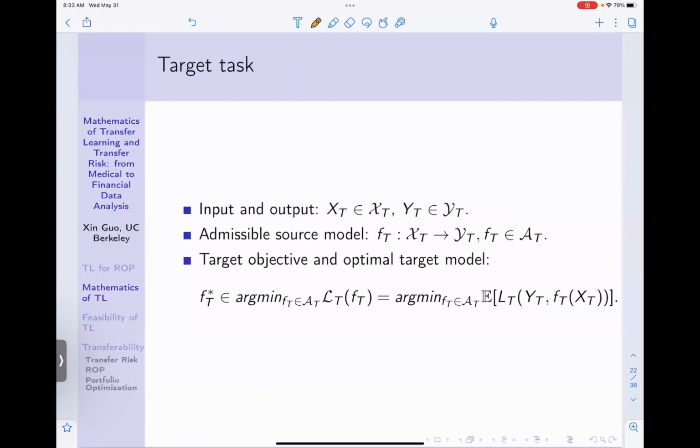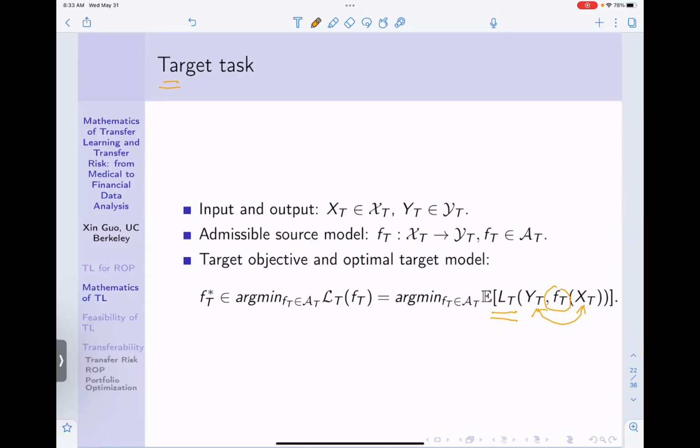And then on the target task, it is almost analogous, except I change all the S into T to view it as a target task. Again, you have the loss functions, you have the models, and you have the comparison of your model versus the reality, and you measure the loss.